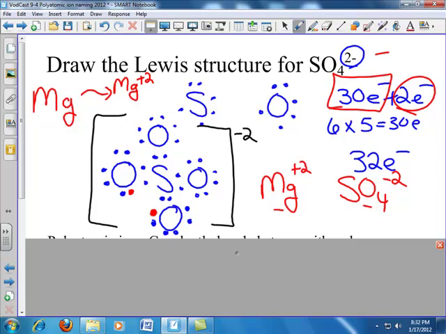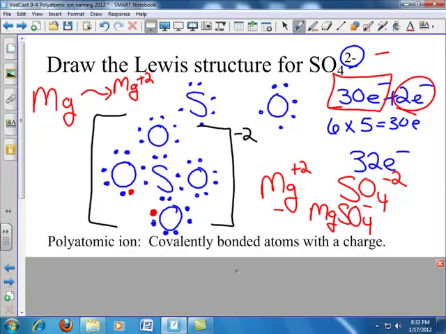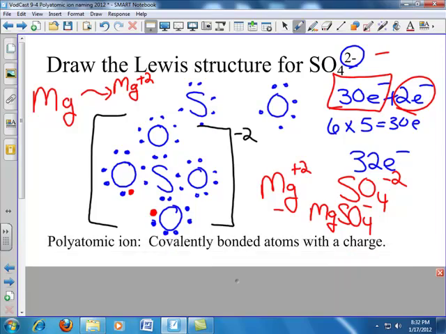So we're going to get a new type of formula, which is going to be MgSO4. Now, our big issue is, how do I name that? So I'll have to come up with a name. But remember, polyatomic ions were just covalently bonded atoms that have a charge.